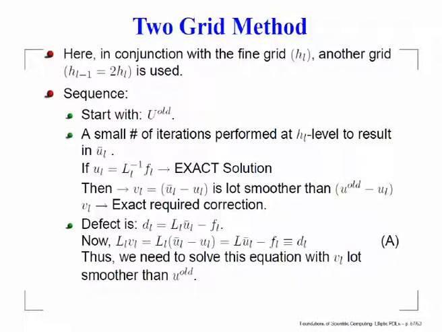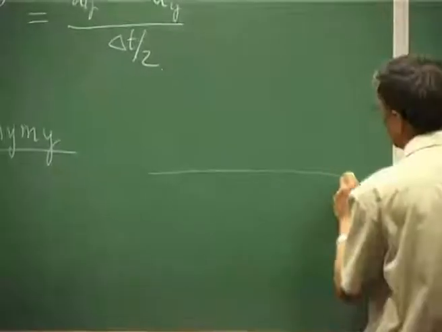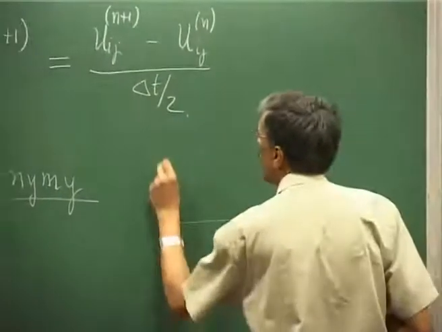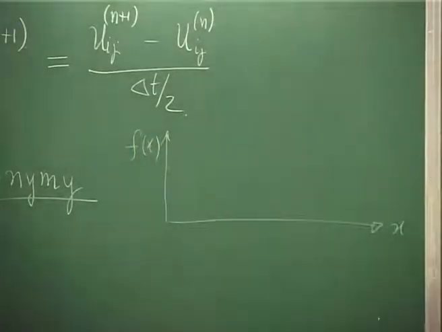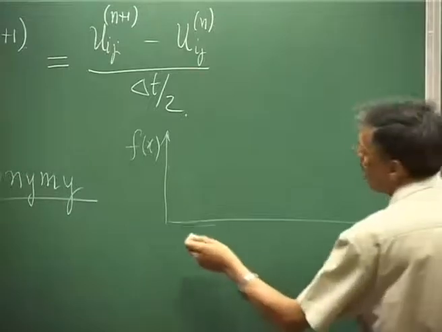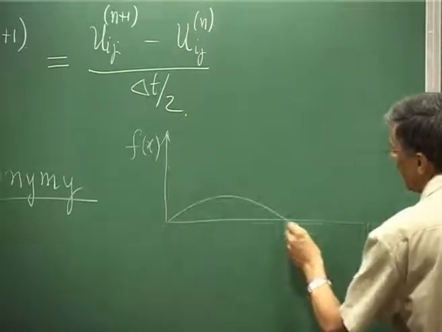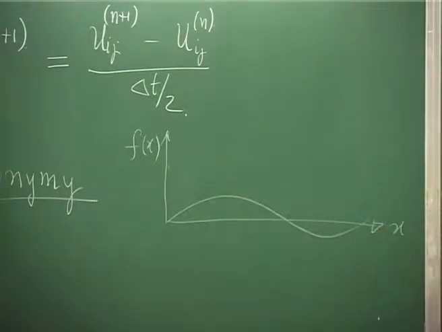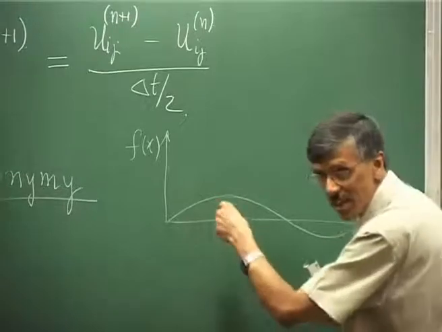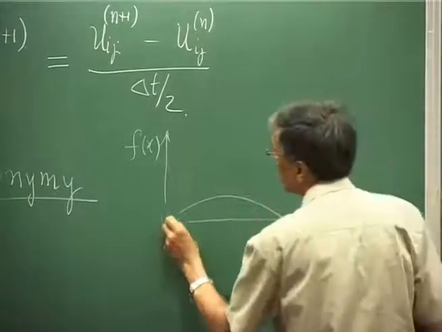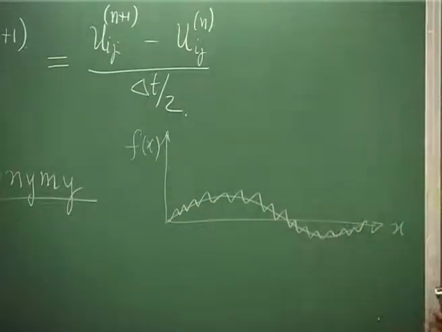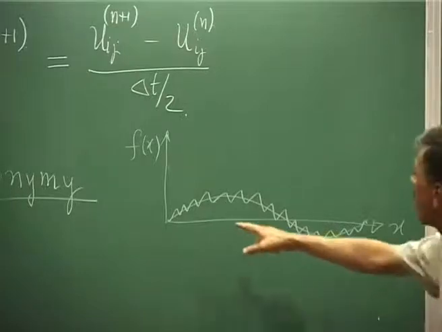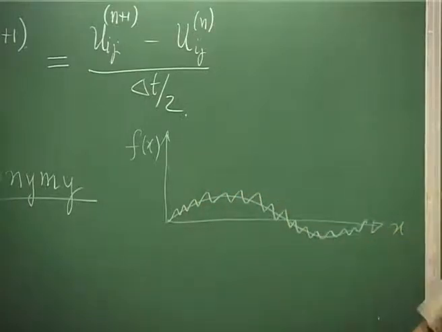What does the high wave number component do? So if I have a solution, and if you look at the low wave number component, it goes like this, right? The high wave number components will be riding on it, and if they are smaller than this, then you are going to get something, right? So this is, let's say, the total error will be given by this jagged line.